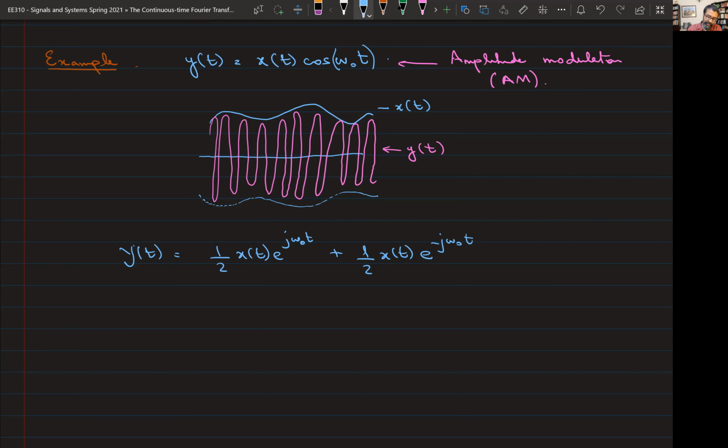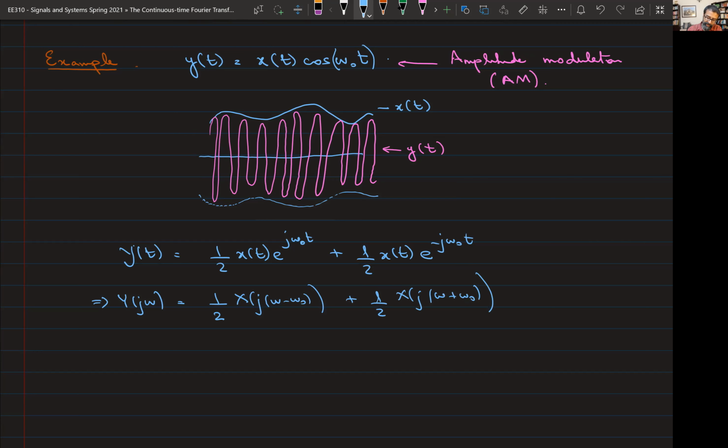And now you can use either the convolution property or the frequency shifting property to conclude that y of j omega is going to be equal to half x of j omega minus omega naught plus half x of j omega plus omega naught.